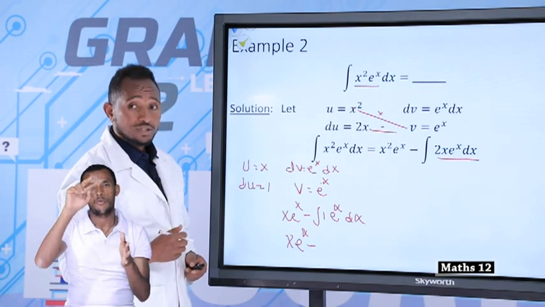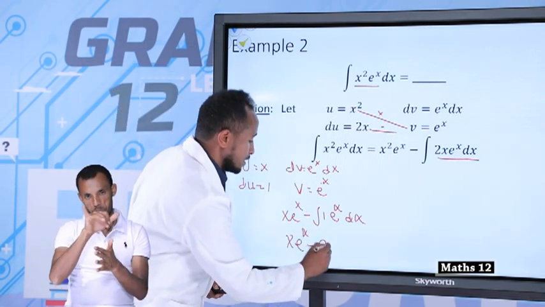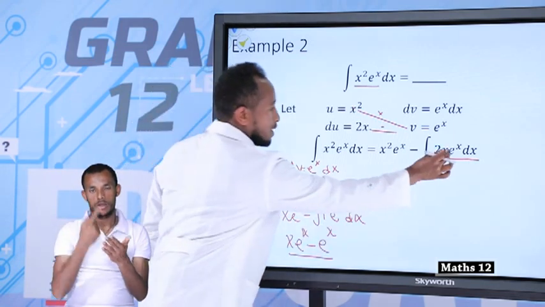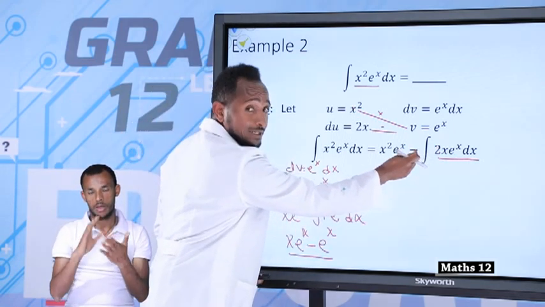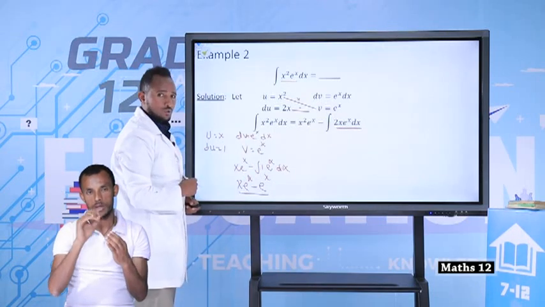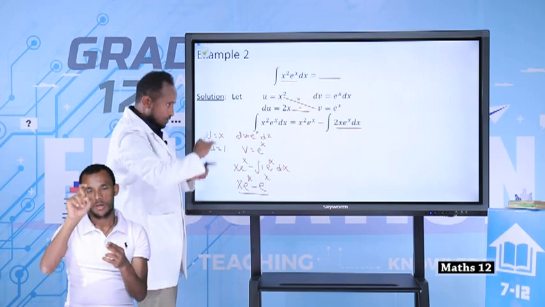The integration of e raised to x is itself, e raised to x. Therefore, for this part only, just taking 2 outside, the integration of this part is x times e raised to x minus e raised to x, times 2.